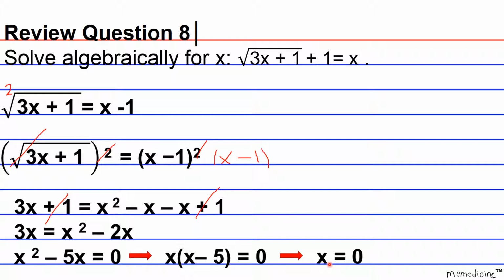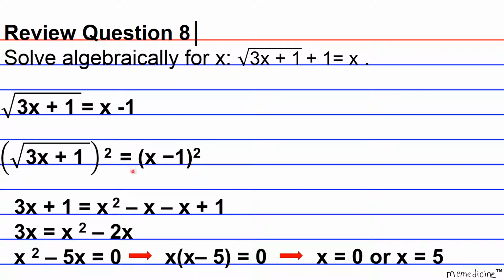Therefore, x is equivalent to 0 or x is equivalent to 5, because if you were to isolate the second factor, setting it equal to 0 and bring 5 over to the right-hand side, you would get positive 5, okay? But remember what I mentioned earlier about extraneous roots?